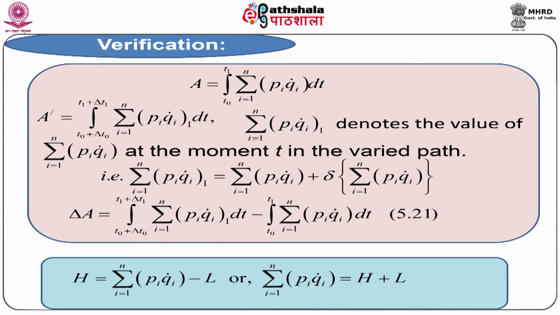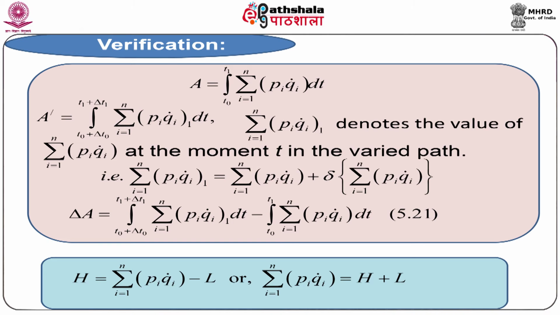that is A dash equals integration T0 plus delta T0 to T1 plus delta T1 summation over i equal to 1 to n pi qi dot 1 dt, where summation over i equal to 1 to n pi qi dot 1 denotes the value of summation i equal to 1 to n pi qi dot at the moment t in the varied path, that is summation i equal to 1 to n pi qi dot 1 equal to summation i equal to 1 to n pi qi dot plus the variation of summation i equal to 1 to n pi qi dot.